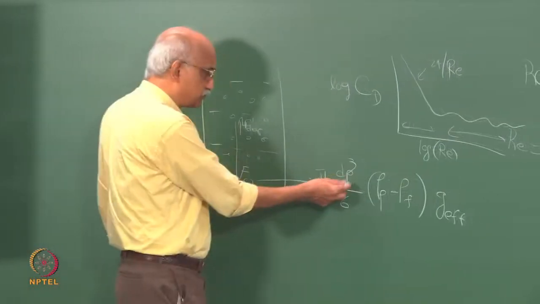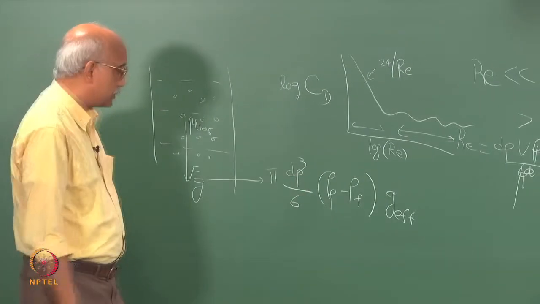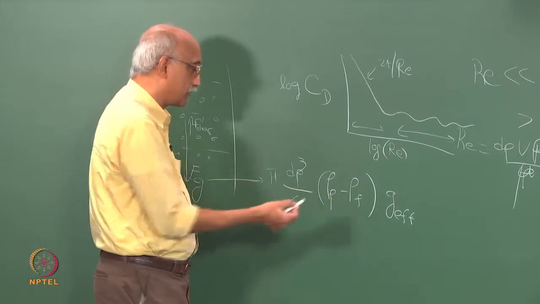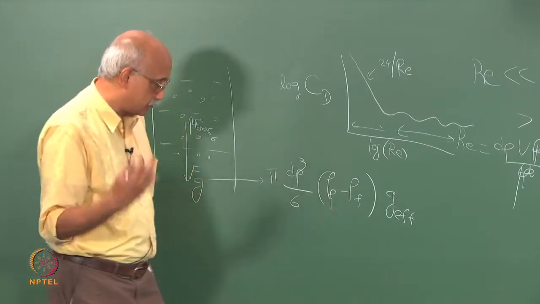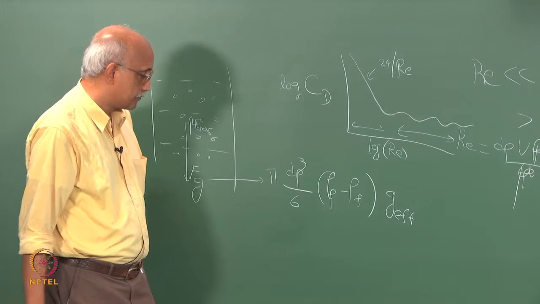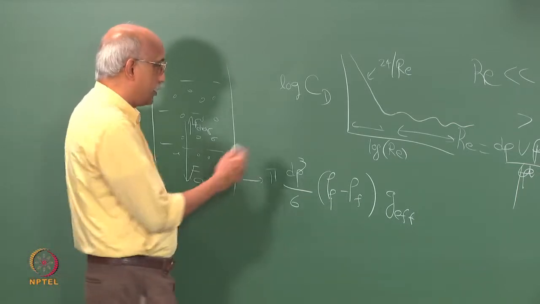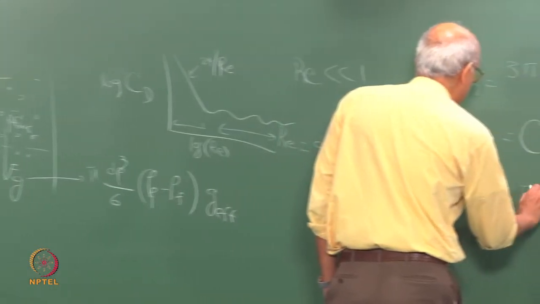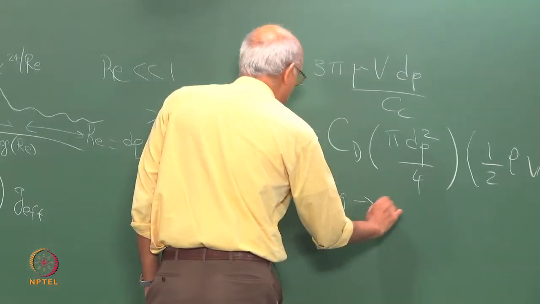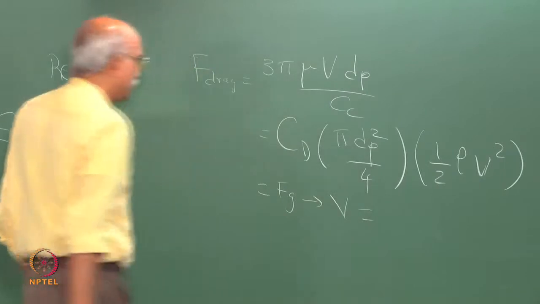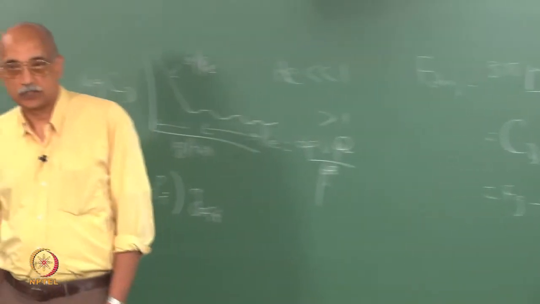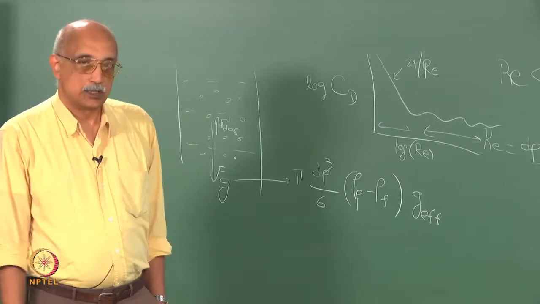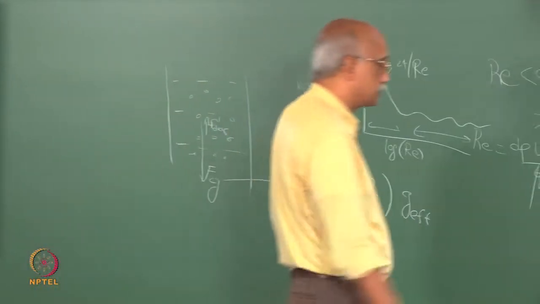Here rho p is the density of the particle, and rho f is the density of the fluid in which the particle is immersed. All you have to do is equate F drag to Fg, and the resulting velocity that you get when you equate those two expressions is called the terminal velocity, Vt.